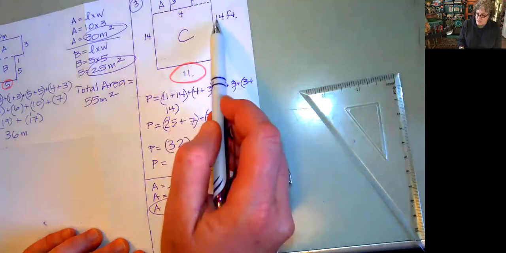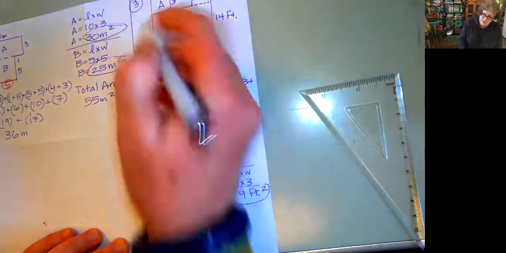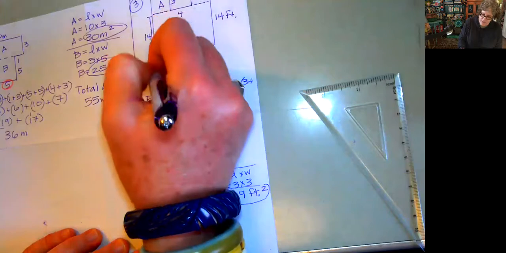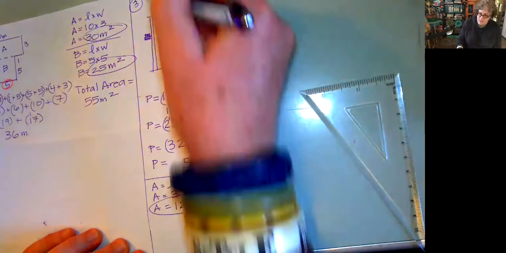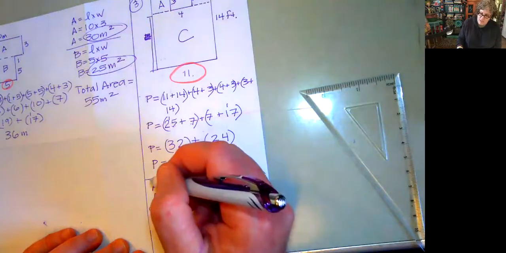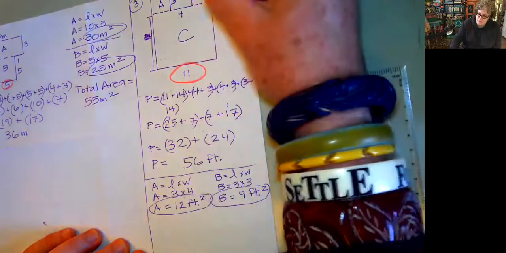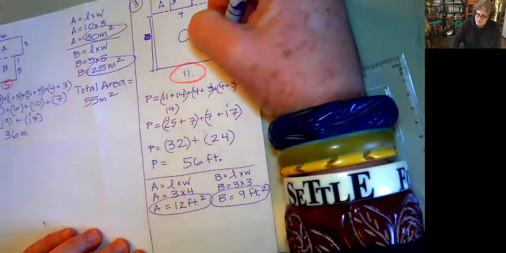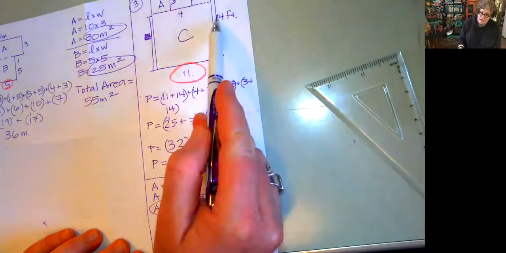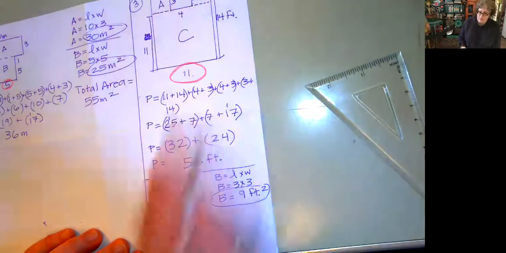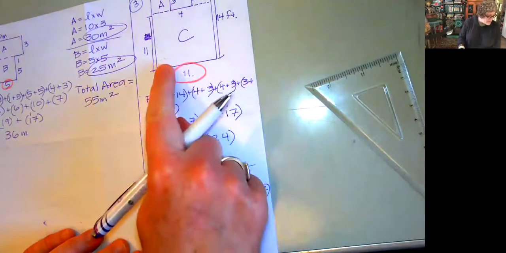So I'm going to say 14 minus 3 is going to tell me this length that I need to know. Because it's not 14. The whole thing is 14. So I'm going to subtract 3 and I'm going to get 11. So I'm going to multiply 11 by 11.